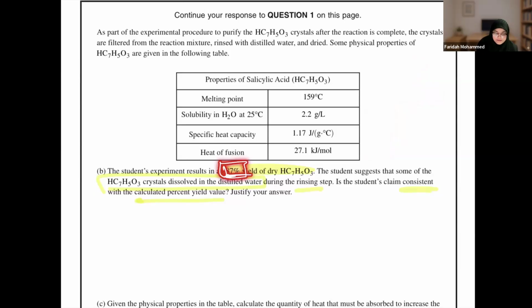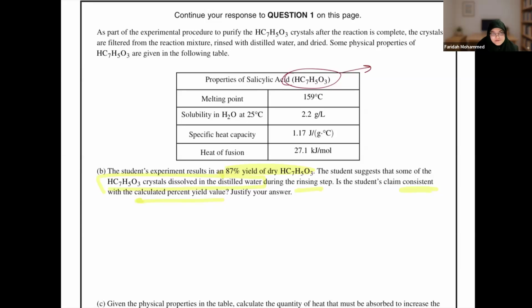Okay, and then what you're going to say? Yes, it is consistent. And then why? Because this is an acid, and this acid is soluble in water. It is soluble in water, and some of the crystal might dissolve during the rinsing and leave the precipitate.